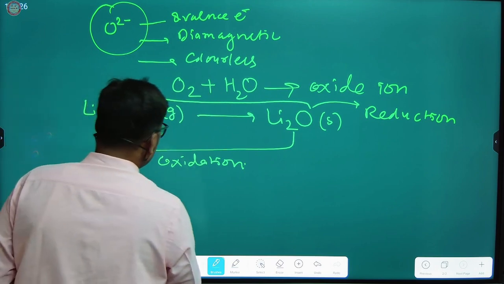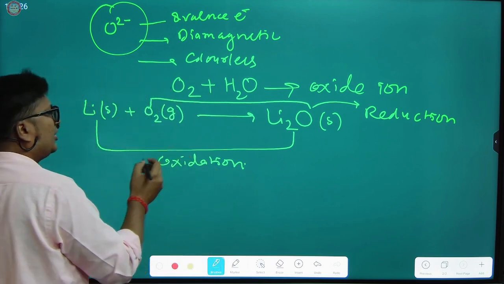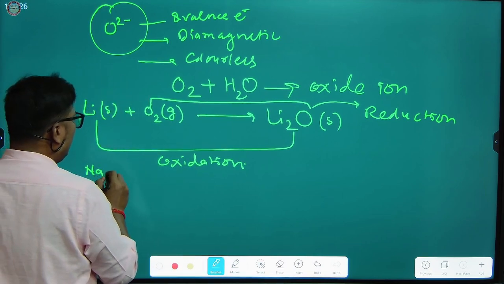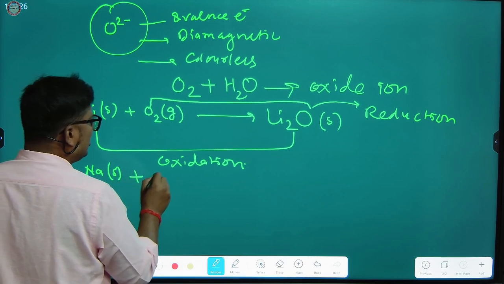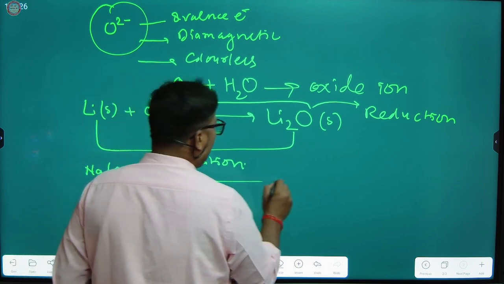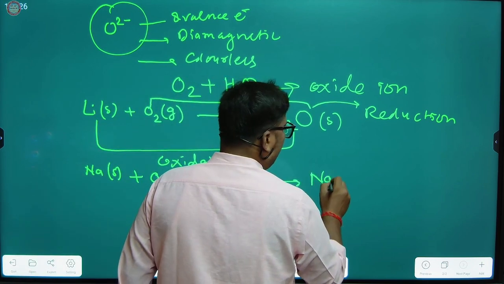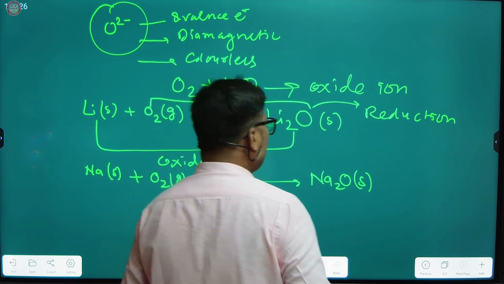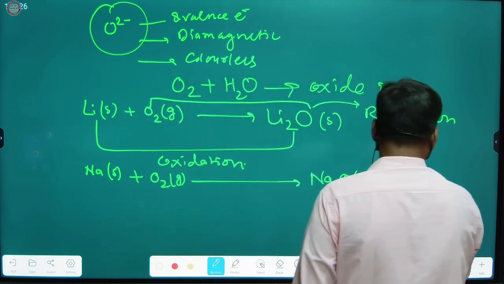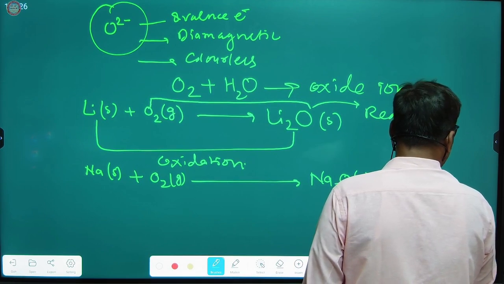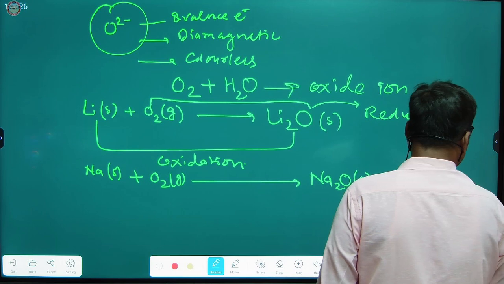So similar to lithium, the next metal, sodium, Na solid, also reacts with oxygen gas, and they form Na2O, that is sodium monoxide in solid state, and plus there is also a chance of formation of Na2O2, that is also in solid state.